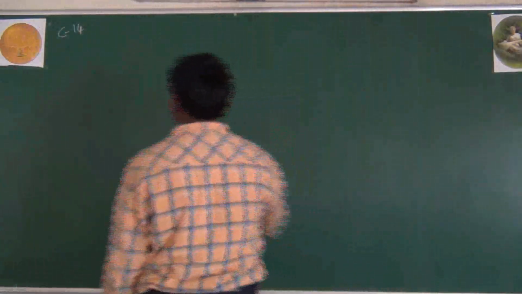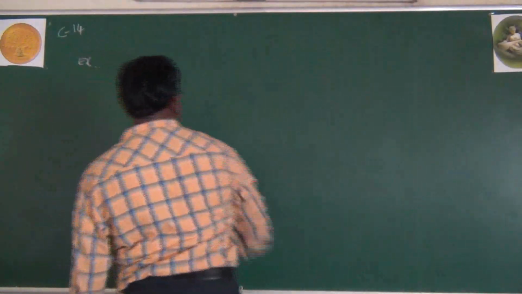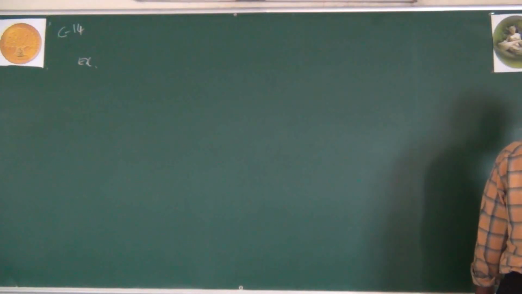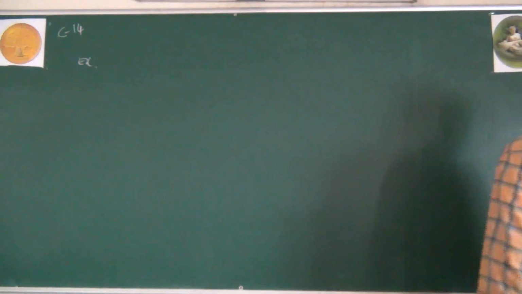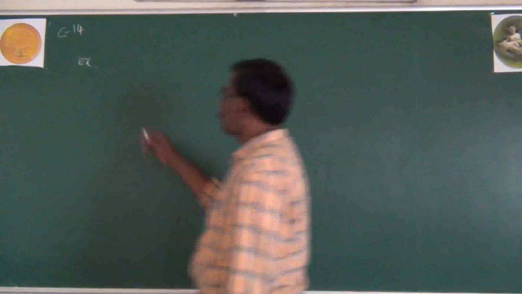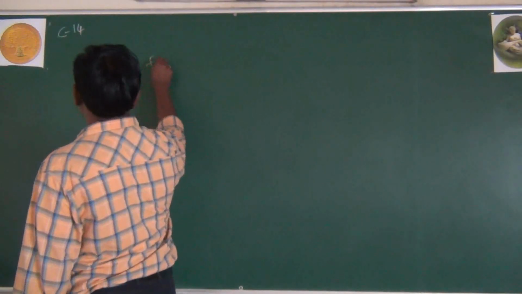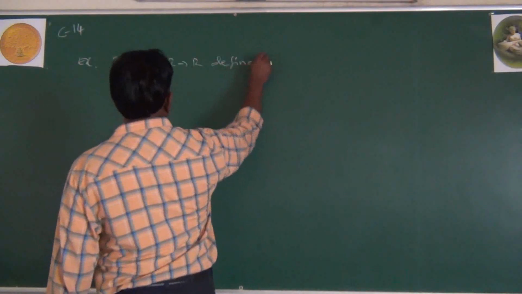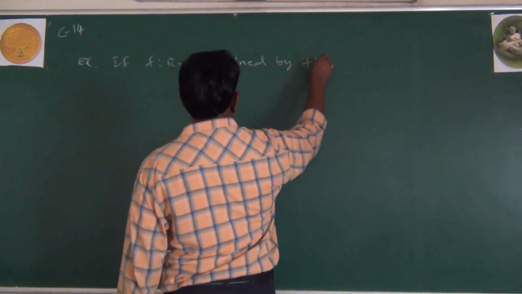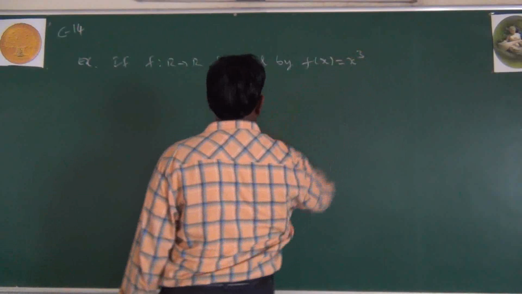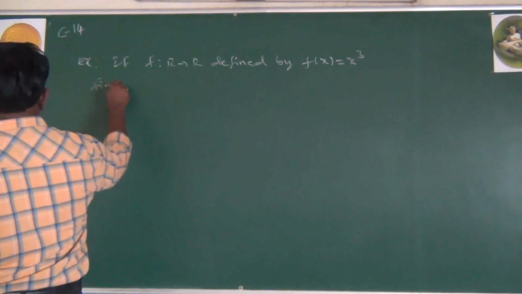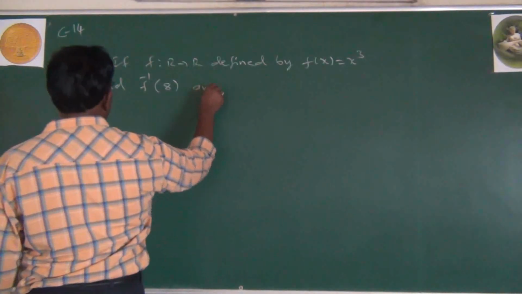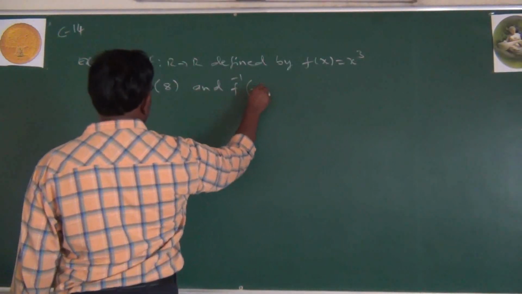Next problem. If f from R to R is defined by f of x is equal to x cube, find f inverse of 8 and f inverse of minus 64.